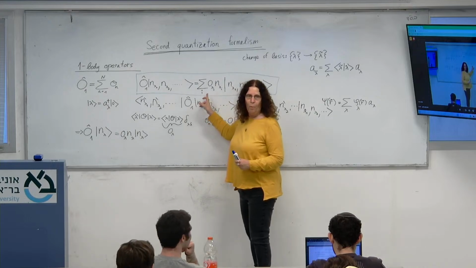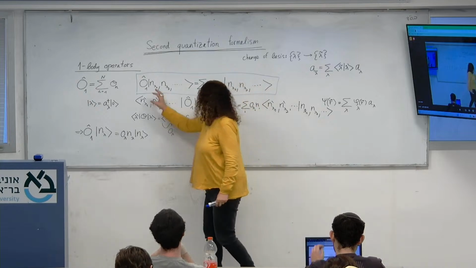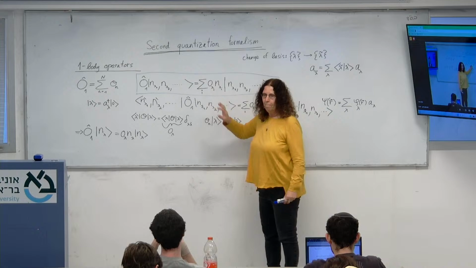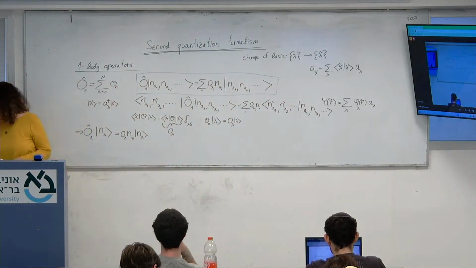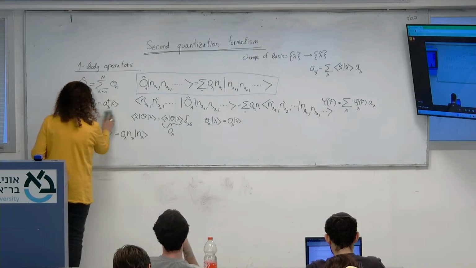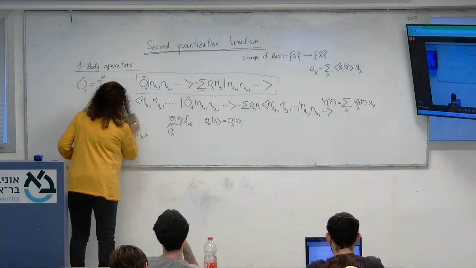So I need a representation that will give the same eigenvalues, okay? And I actually know how to do it, because I can now erase all this.